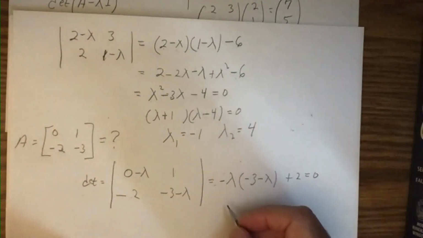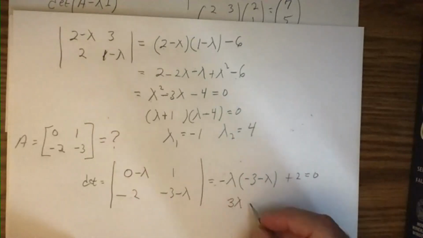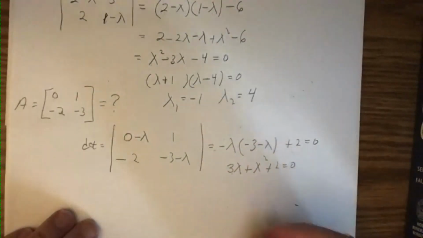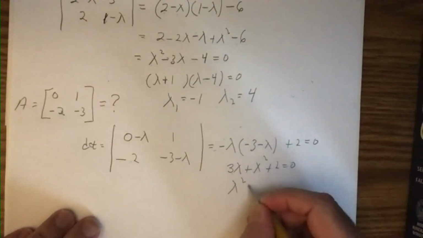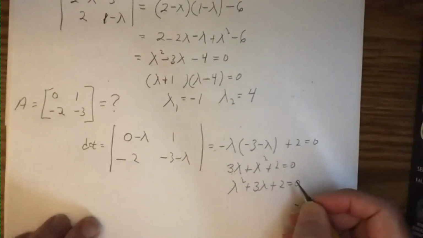All right. So what do we get here now? I get 3 lambda, right? The minus lambda times the minus 3 is going to give me 3 lambda. And then I'm also going to get a plus lambda squared plus 2 is equal to 0. So I'm getting now that lambda squared plus 3 lambda plus 2 is equal to 0.